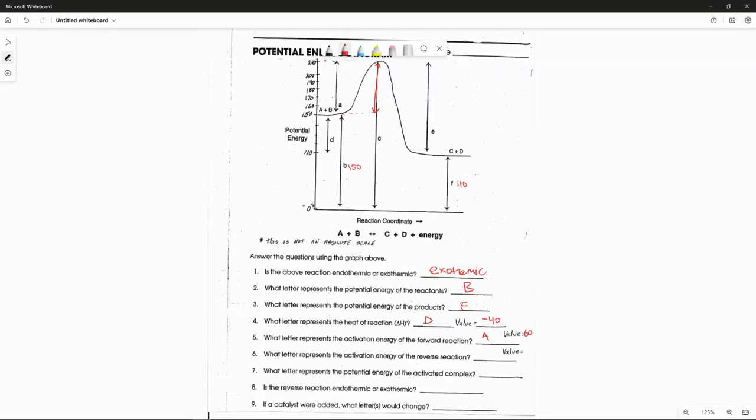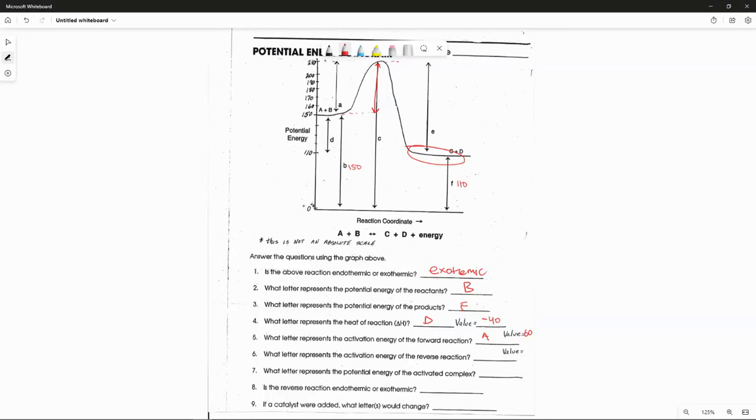What letter represents the activation energy of the reverse reaction? The reverse reaction activation energy is going to be calculated from the new reactant side. So the product side will be the reactant side, and the reactant side will be the product side. And we always calculate it on the reactant side.